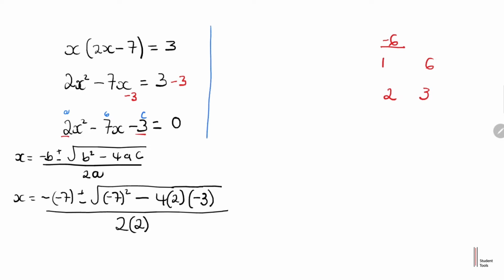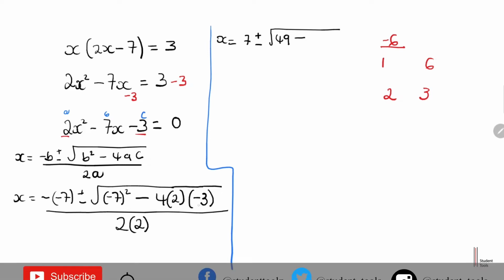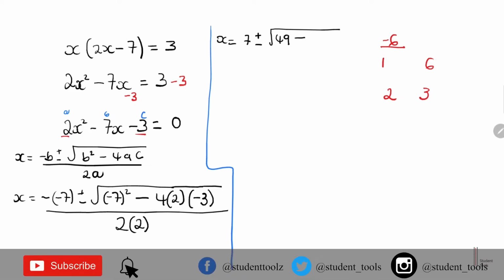All right, let's write everything this side. So now we have x equal to minus negative 7. That means it's a positive. So we have a positive 7 plus or minus the square root of negative 7 squared, that is 49, minus 4 multiplied by 2, that is 8, and 8 multiplied by negative 3 gives us negative 24.